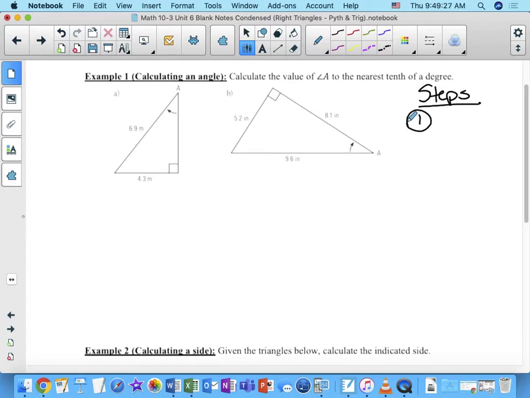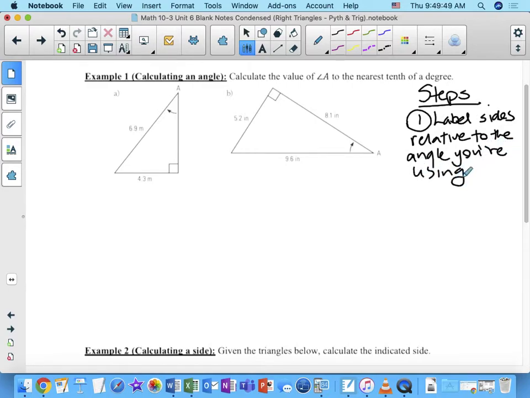Do not try and get away with this when you're using the trig ratios. It's crucial. Label sides relative to the angle you're using. And when I say label sides, I mean label them with opposite, adjacent, and hypotenuse.